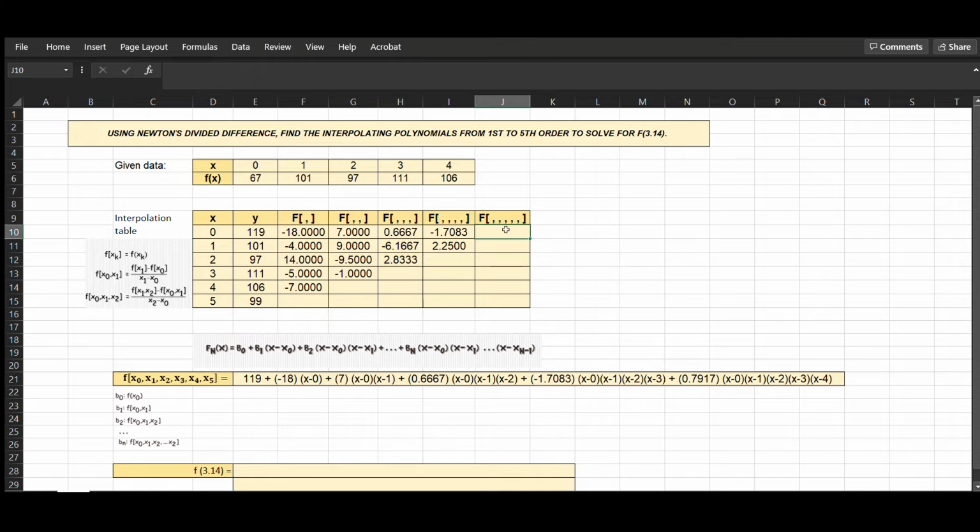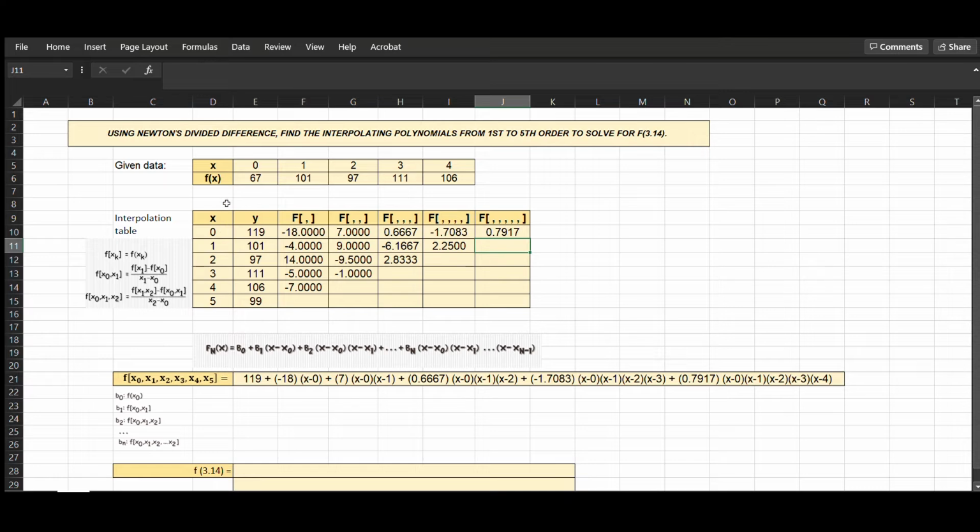Now for the last one, this is our fifth order of interpolation. This cell minus the value in this cell all over x sub 5, since we are on our fifth order of interpolation, minus x sub 0, and you press enter.